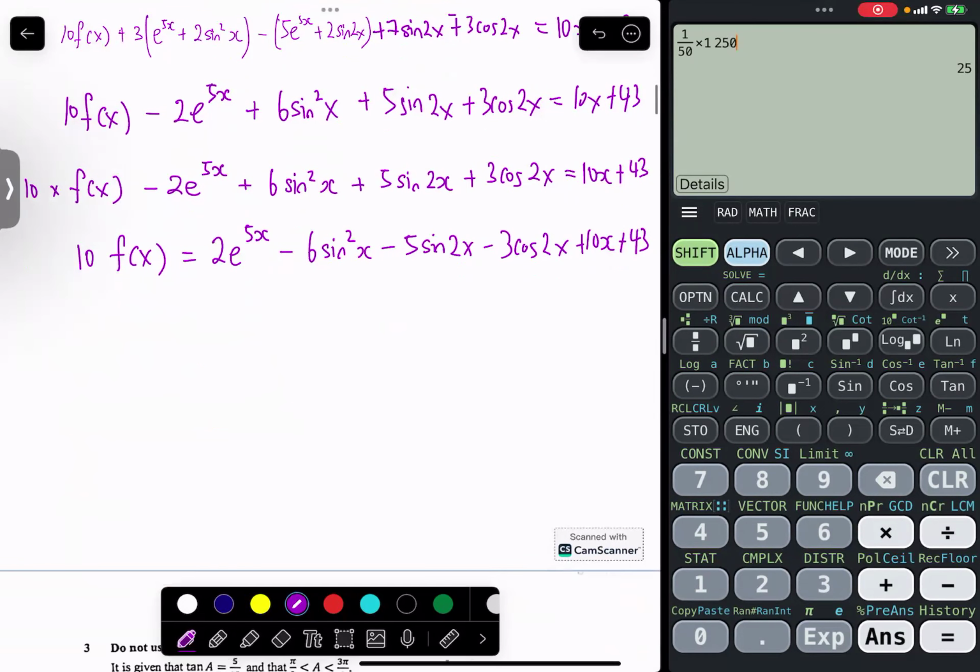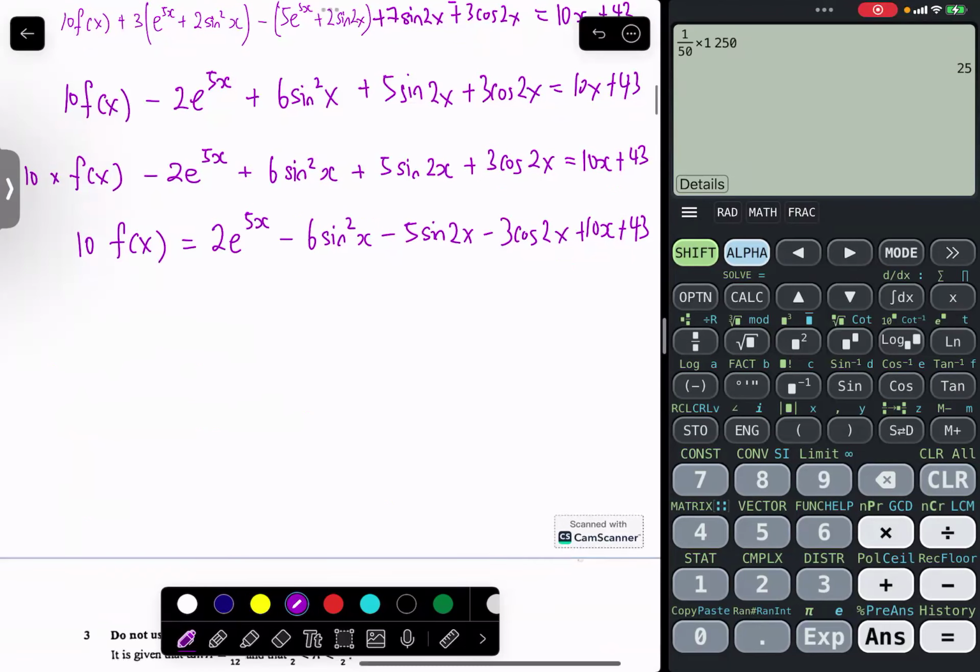Okay, so basically the trigo looks a little bit problematic. You can probably simplify it. So how to simplify this? So the sine square x, probably we can change it into double angle by manipulating, since cosine 2x equals cosine square x minus sine square x.